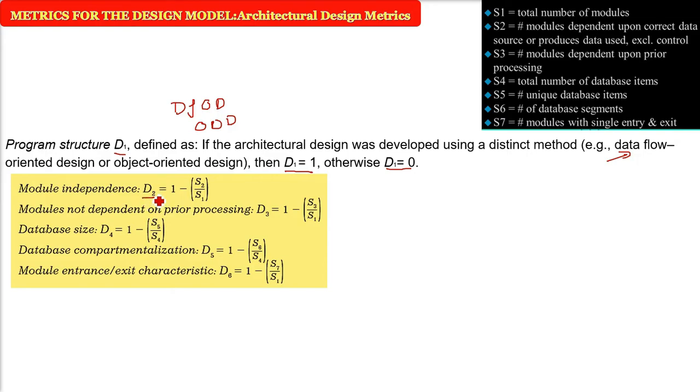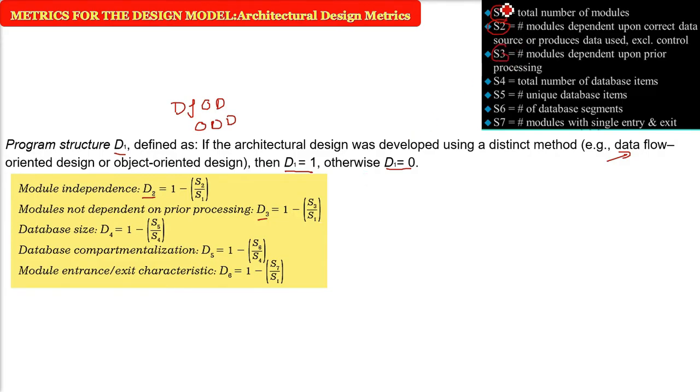What is D2? 1 minus S2 by S1. I told you all S1 to S7 you have to give numbers. So 1 minus S2 by S1 is module independence. Then modules not dependent on prior processing: D3 equals 1 minus S3 by S1. So basically it's all probability.